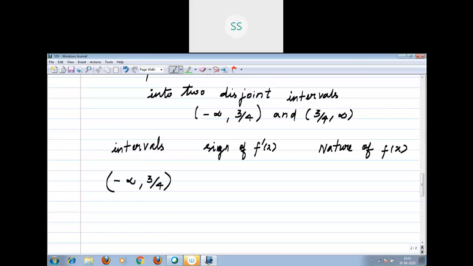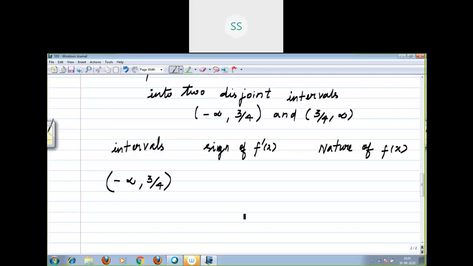Will you agree or not? For minus infinity to 3 by 4, if you select any value and substitute it in the derivative, what do you arrive at?